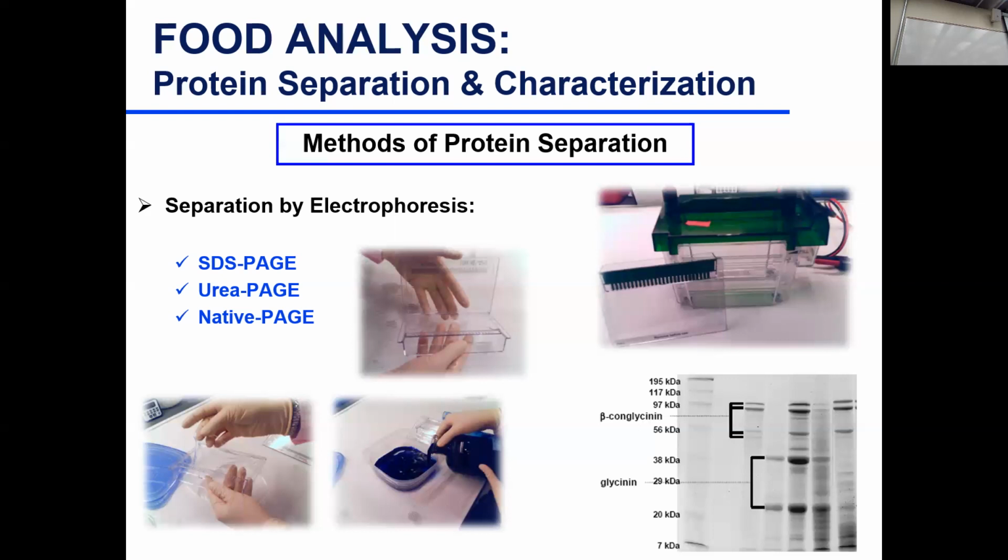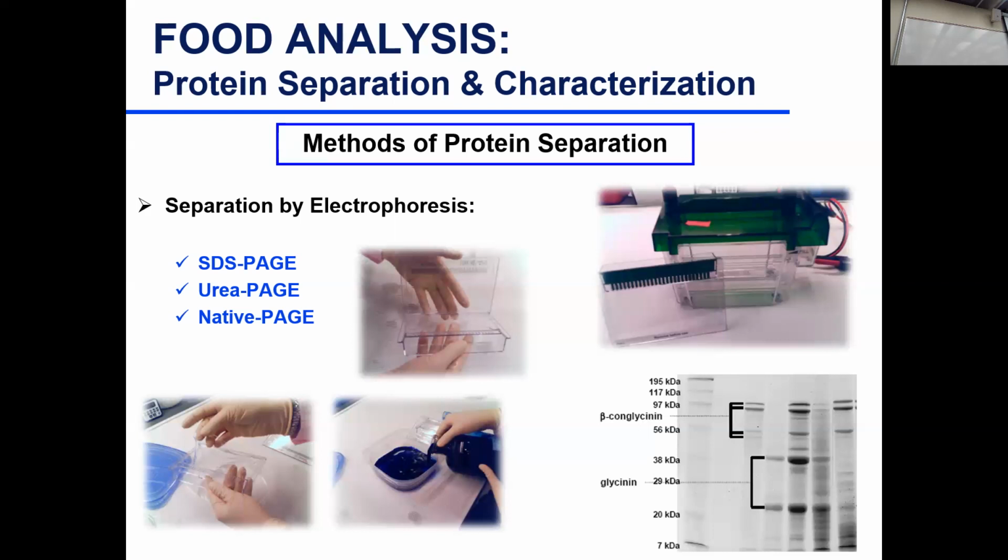Native PAGE is not very much used because of the nature of proteins. Most of them have quaternary structure, and very few types of proteins are monomers in nature. So it's very hard to see the proteins on a gel when you don't denature any of the interactions.